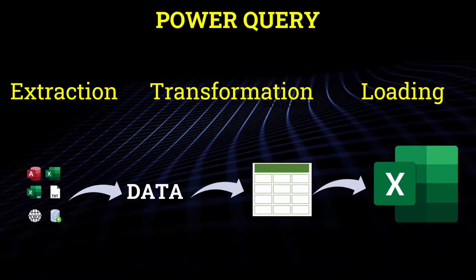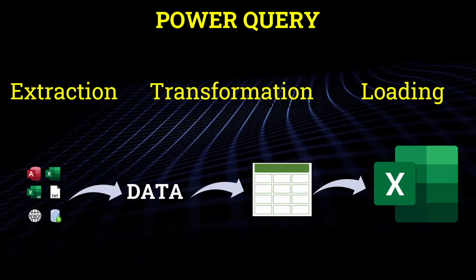What happens here is that the transformation you do on your data after extracting it, all those steps get automated. So whenever you get new data, you will not have to do those steps once again.